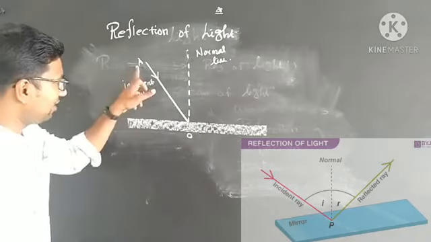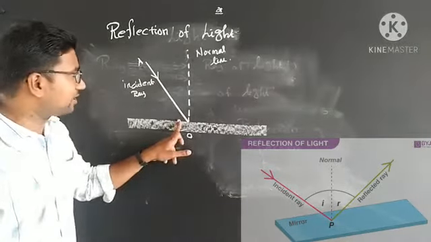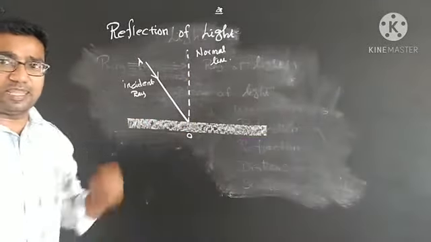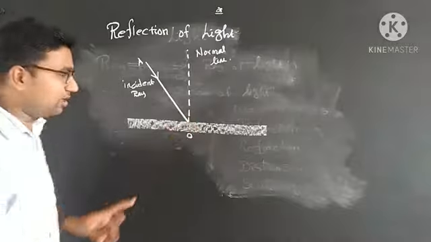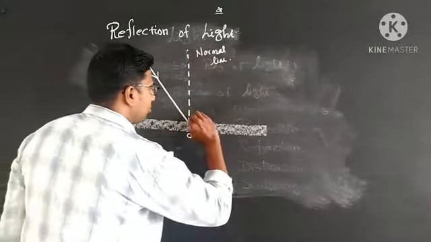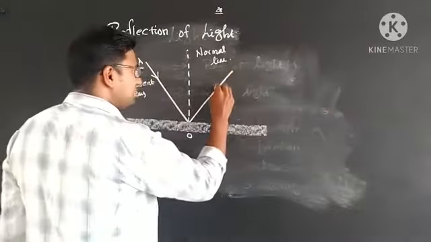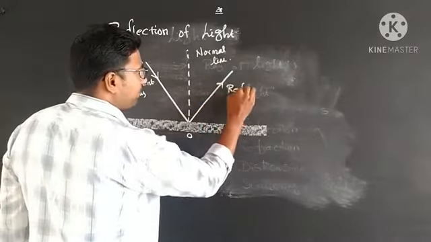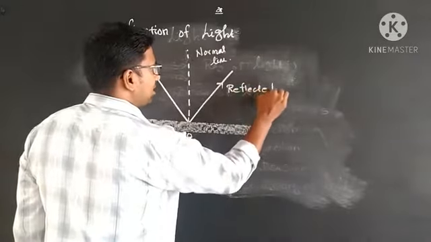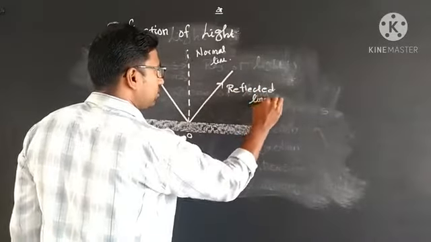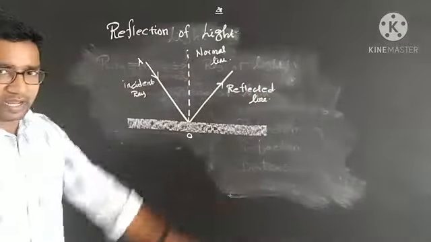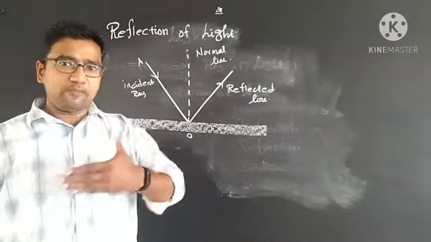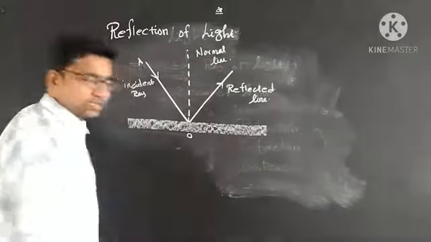When the incident ray strikes the polished surface at an angle to the normal line, it will emerge at the same angle on the other side. So it bounces at the same angle. This ray is called the reflected line. So reflection means the light bounces back to the same medium once it meets the reflecting surface.